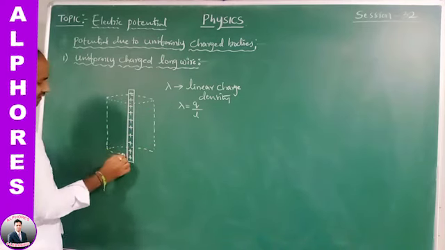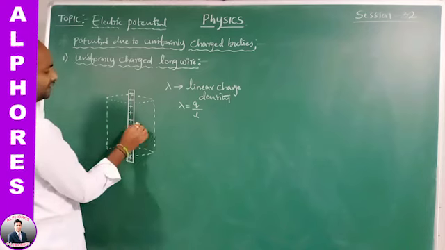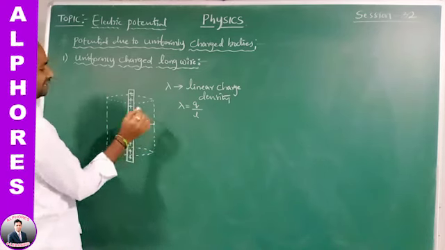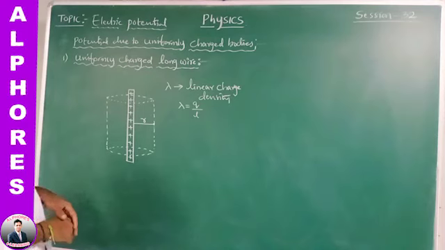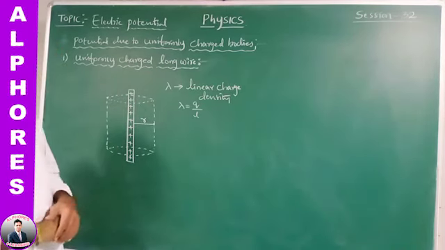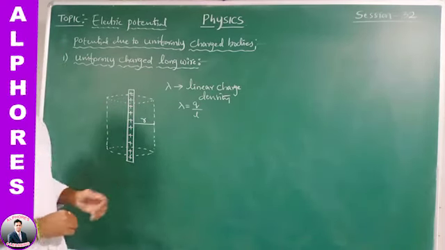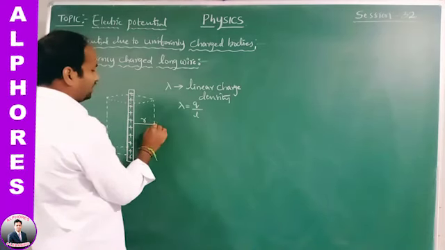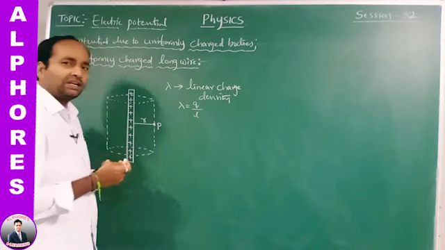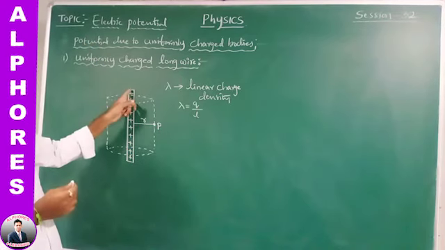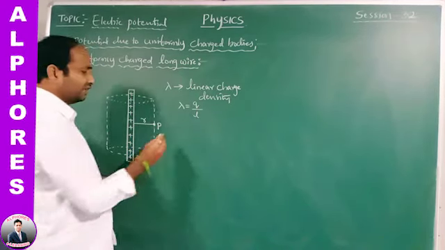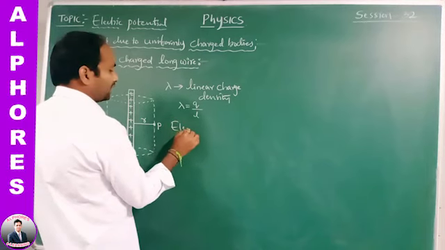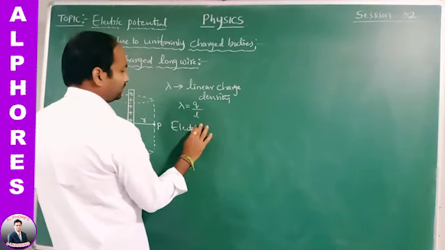For the Gaussian surface, we calculated the electric field intensity at a distance r and derived the equation for the electric field intensity due to a uniformly charged wire. What is the electric field intensity at the point P due to this uniformly charged wire?